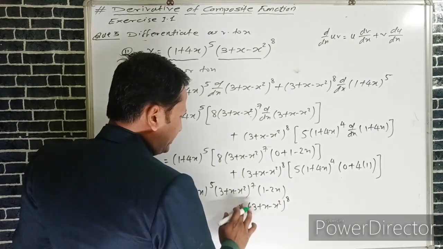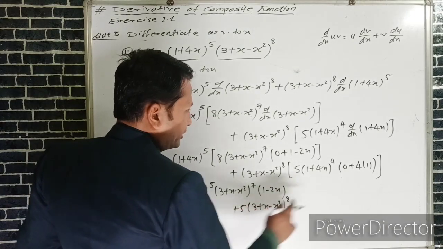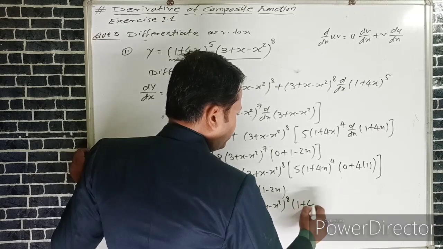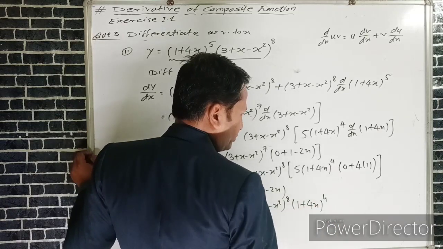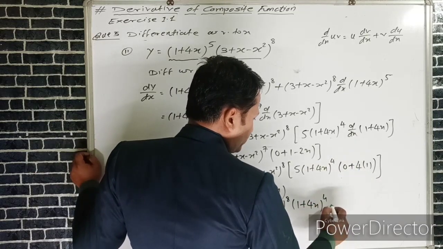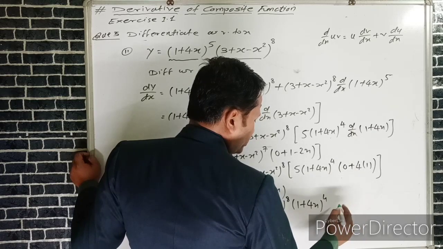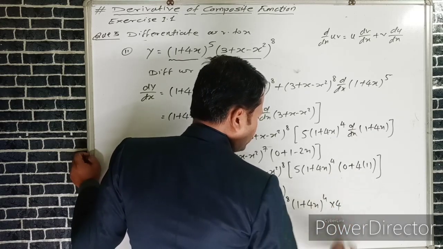This 5 we can write here into (1 + 4x) whole raised to the power 4 into 0 plus 4. 0 plus 4 is 4. 4 into 1 is 4 into 4.